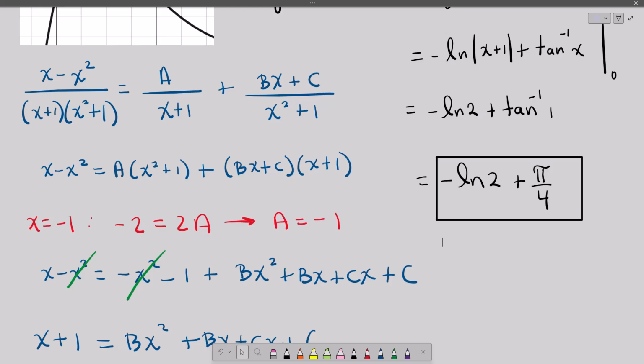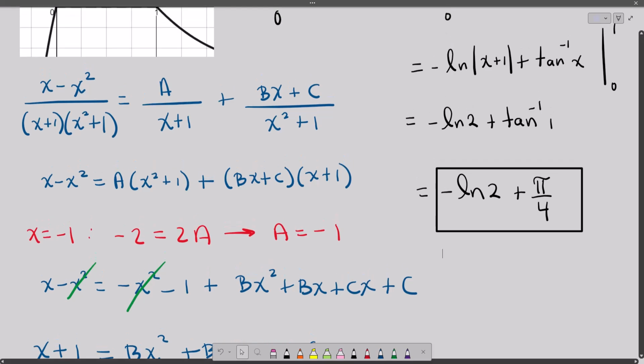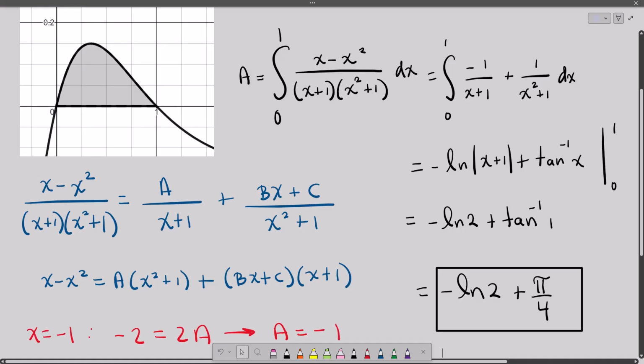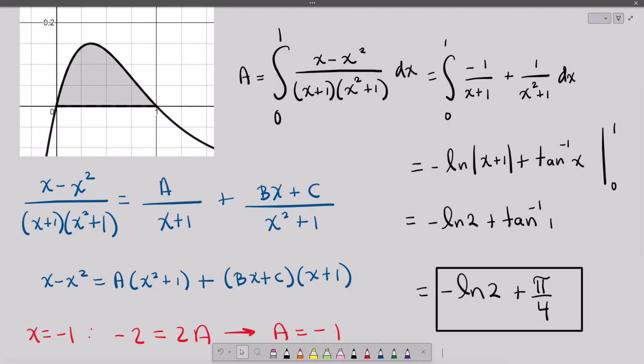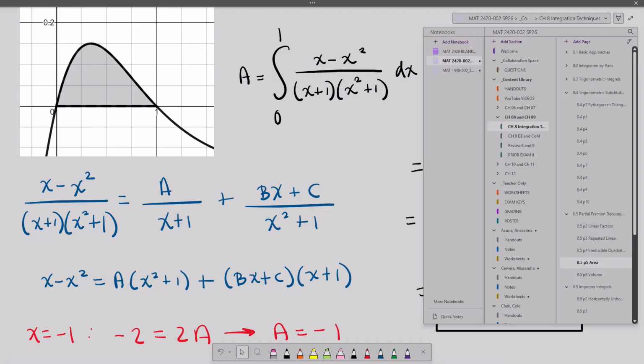So 0.7. Yeah. And this is a little more than 0.75, so it will be positive. But pretty small area. Looks like it should be bigger. Oh, I guess that's 0.2. That makes sense. Okay. Gotta look at all the numbers.